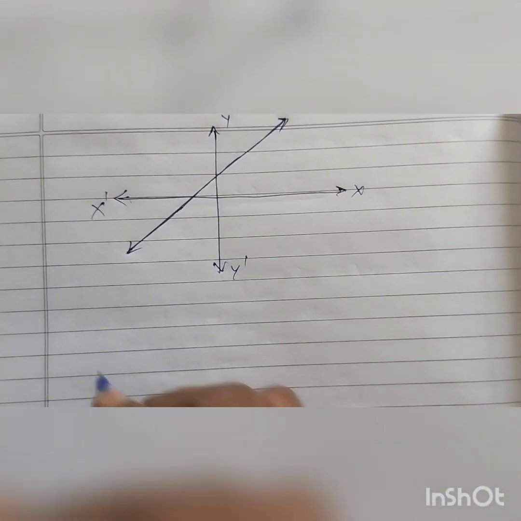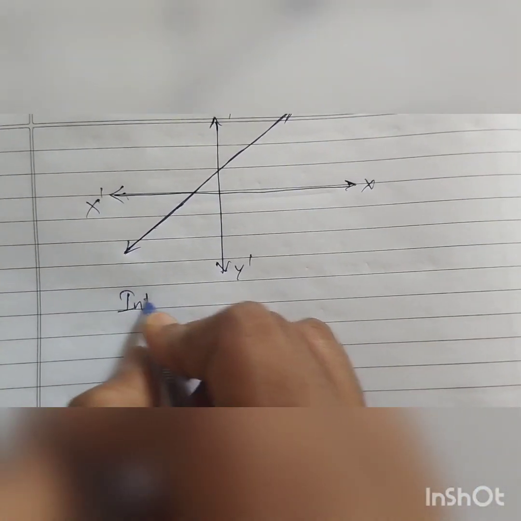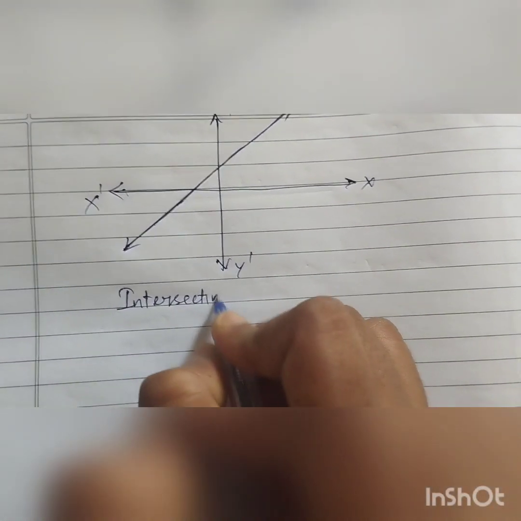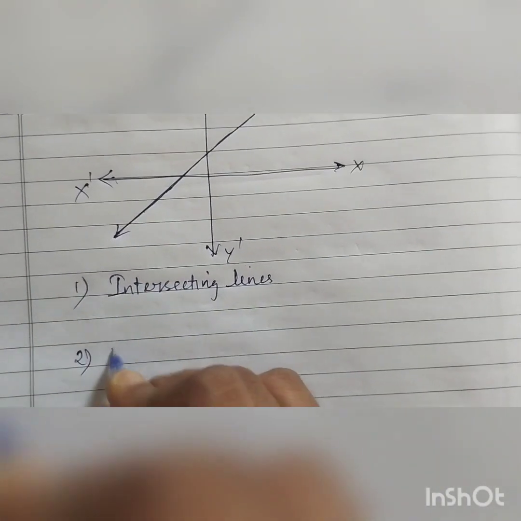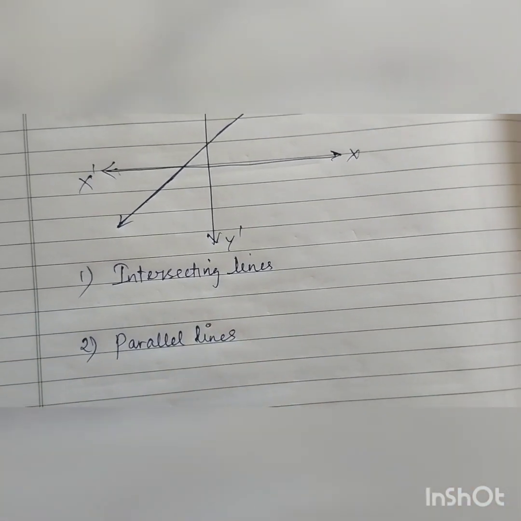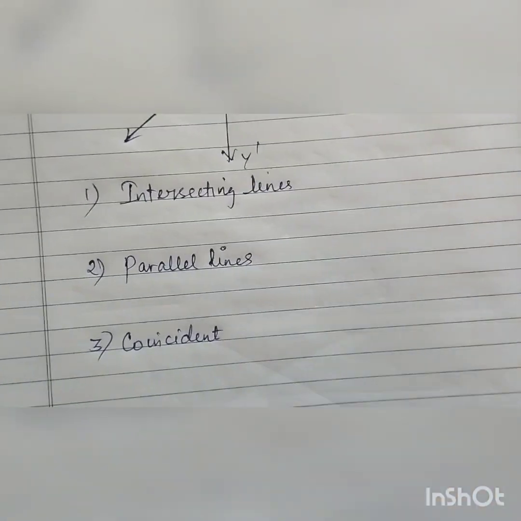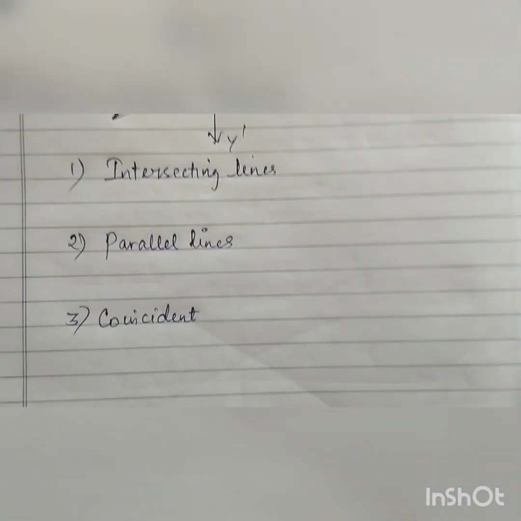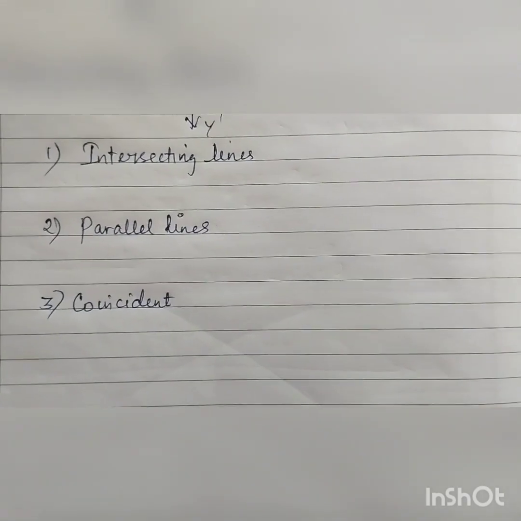So the first case is that they are intersecting lines, or parallel lines, or coincident lines. These are the three cases in a pair of linear equations in two variables.